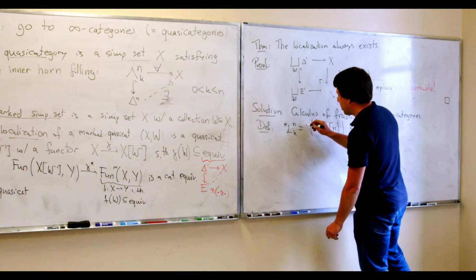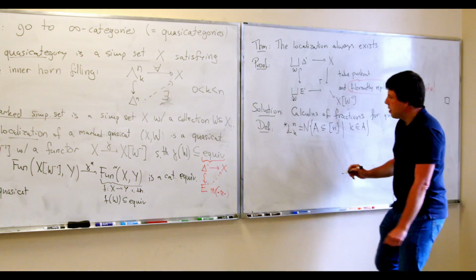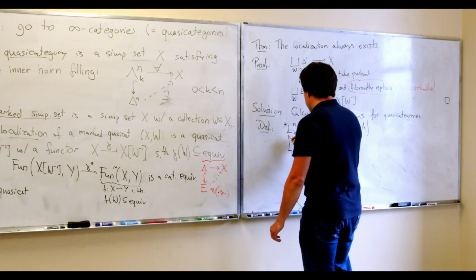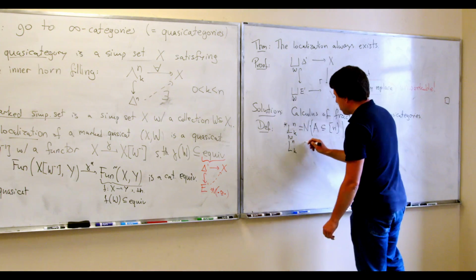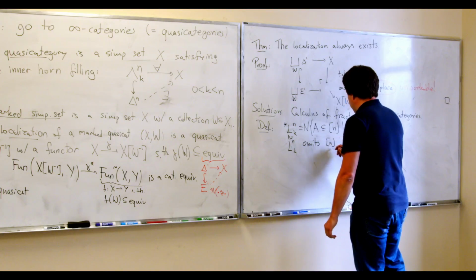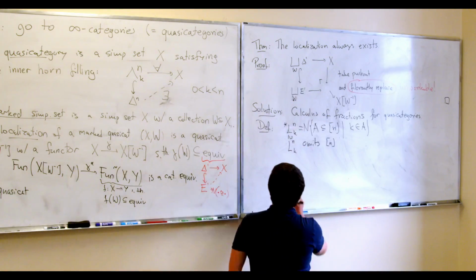I will be looking at the nerve of that poset, okay? So now it's a simplicial set, and then I'm going to have L_{n,k} inside of it. It's going to be a subset of it, which omits n.